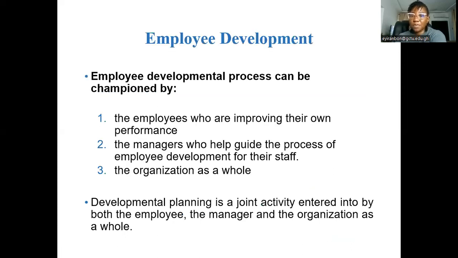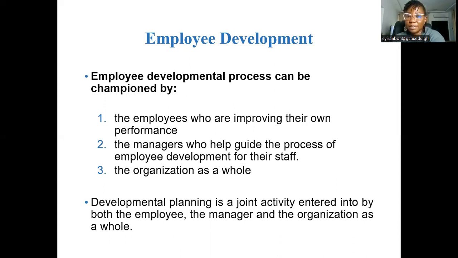Now, the employee development process can be championed or promoted by three different contributors. The first one is the employee himself.